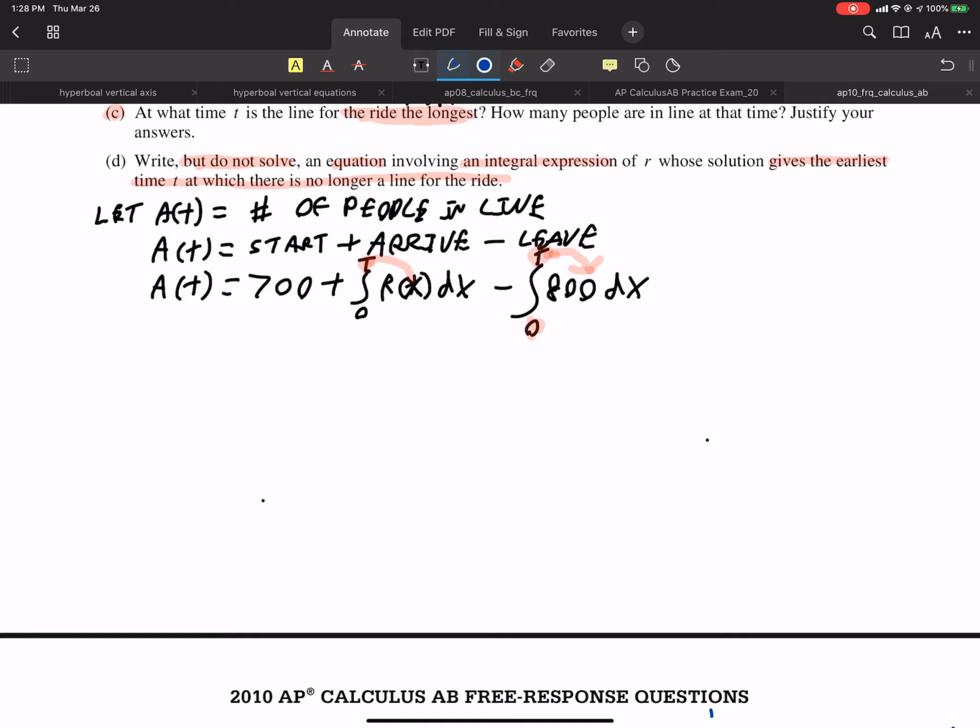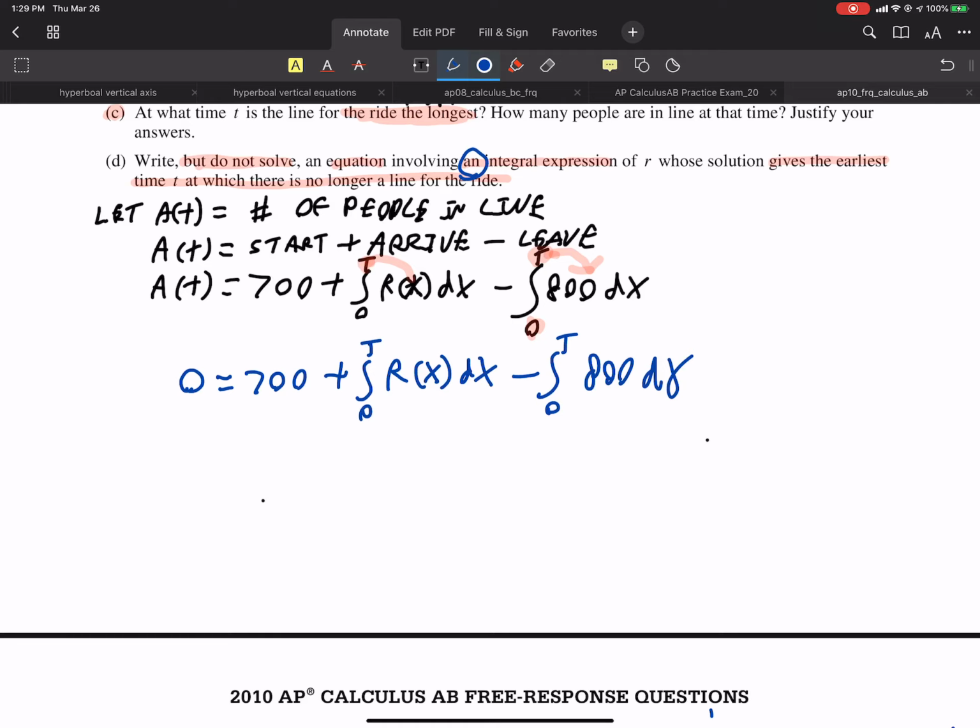So I take my a of t equation, which I have, and make it equal to 0. And it looks like we're finished, but we're actually not, because I did not follow instructions. It says I can only have one integral expression.